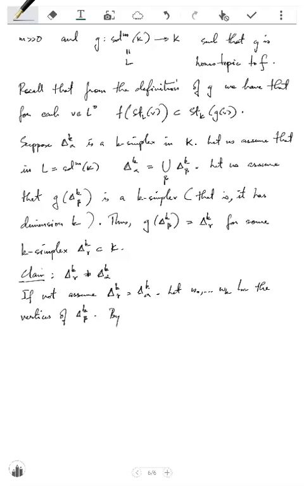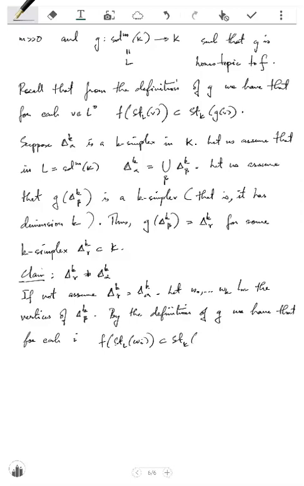By the definition of G, we have that for each i, f of star of Wi is contained in star of G of Wi.